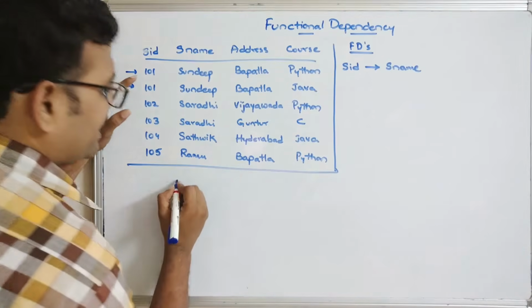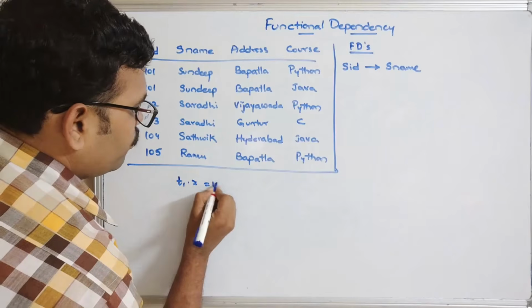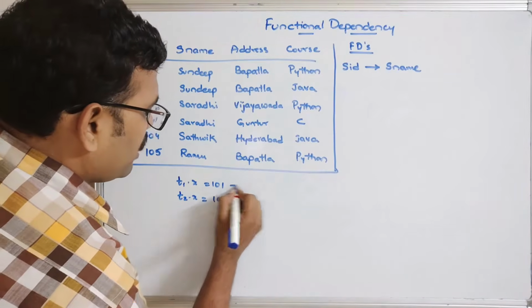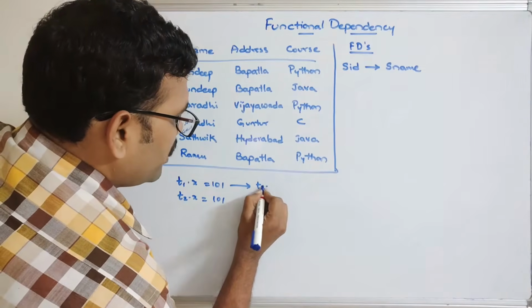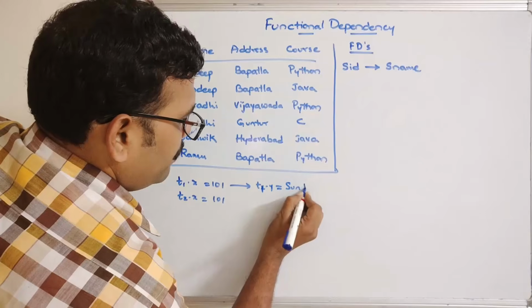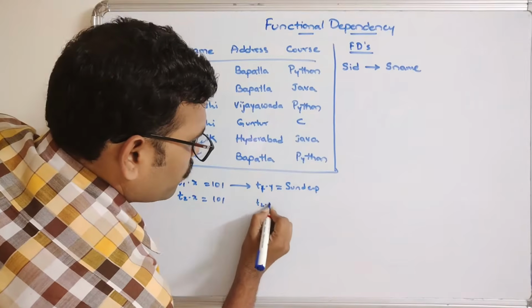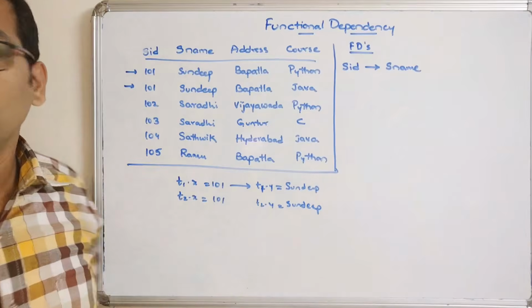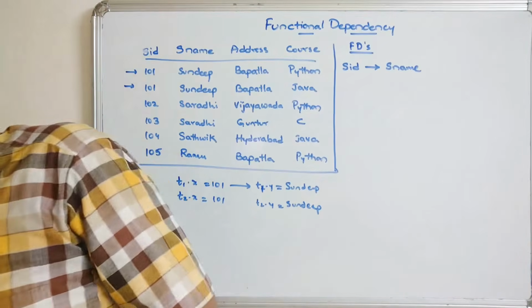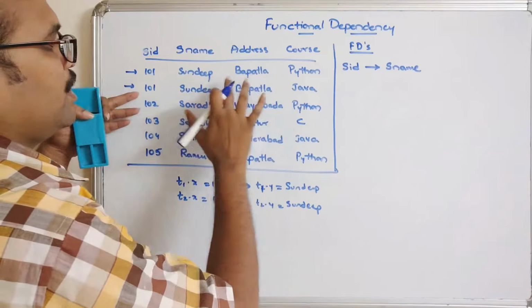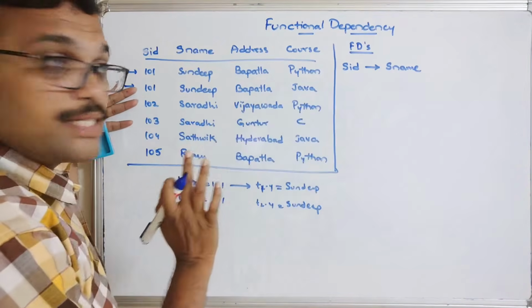T1.X is equal to 101 and T2.X is equal to 101. The corresponding T1.Y is Sundeep and T2.Y is Sundeep. So it satisfies the constraint.